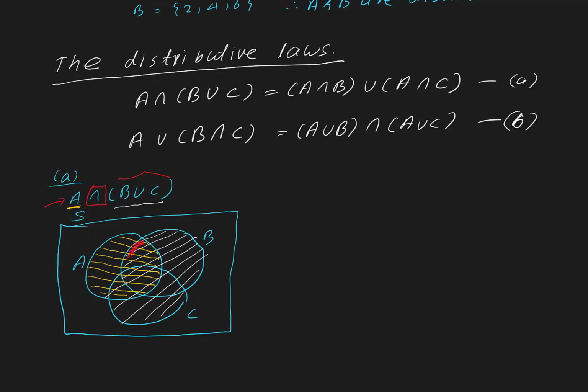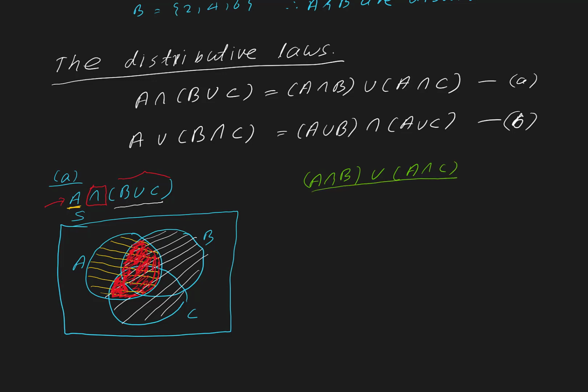You see? So this is the area A intersection (B union C). Now let me consider the right side, A intersection B union A intersection C.